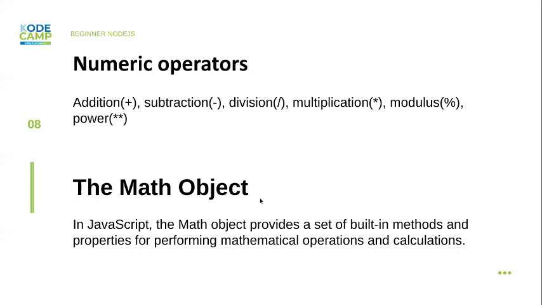So let's continue. Then there is what is called the Math object in JavaScript. In JavaScript, the Math object provides a set of built-in methods and properties for performing mathematical operations and calculations. For example, here in our VS Code, you can't get the value of pi by just typing pi.